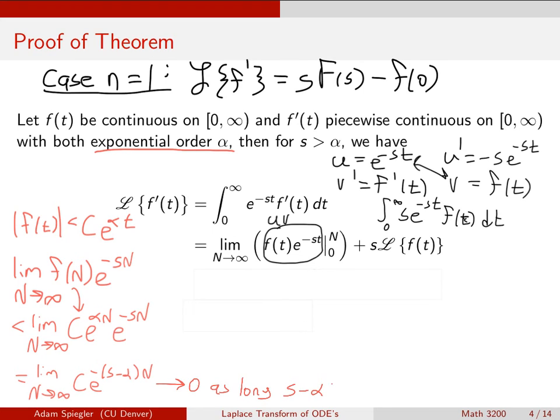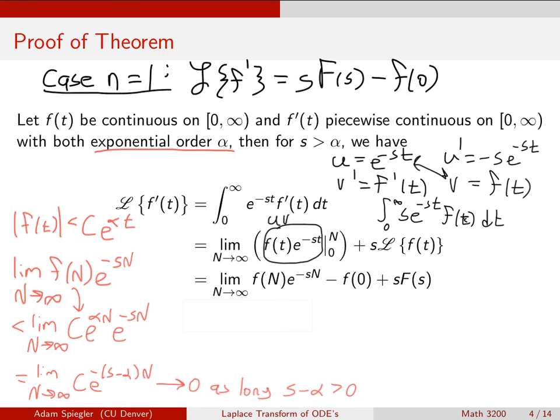So as long as s minus alpha is a positive number, that's going to guarantee that this power up here is going to have to be positive. So if this is positive, n is going to infinity, that's positive, and we have a negative sign, then we've got e to a large negative value, and that's why this is heading to 0 as long as s minus alpha is a positive number.